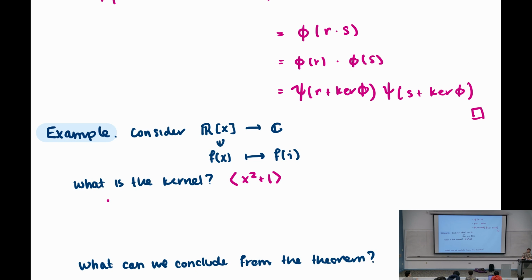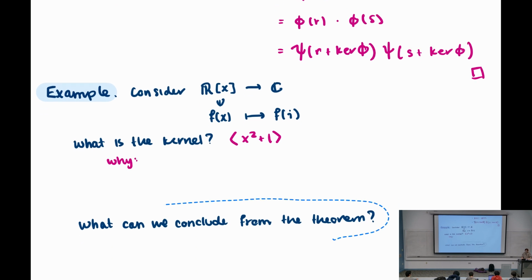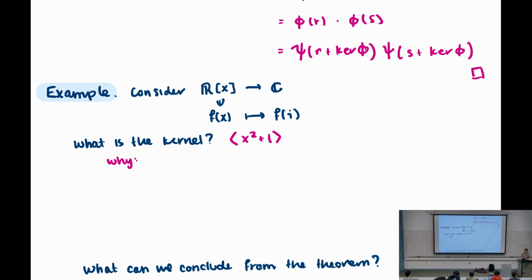So let's see why. If f of x is in the kernel, that means that f of i equals 0. So in other words, i is a root of f.